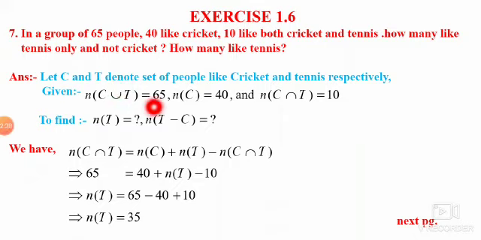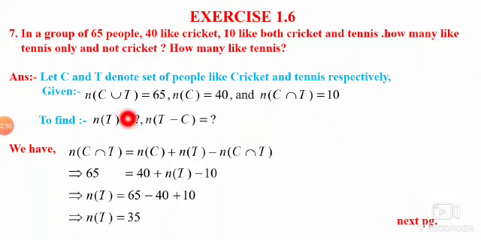Also, 40 like cricket, that is n of C is 40, and the people who like both cricket and tennis, n of C intersection T, is equal to 10.